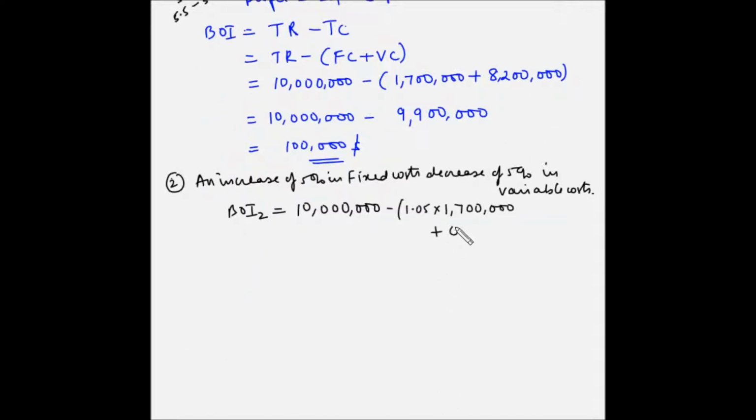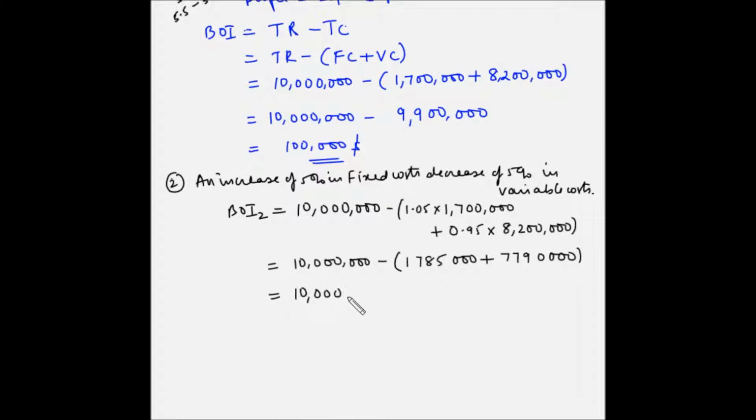So 0.95 multiplied by 8.2 million. So this is equal to 10 million minus 1,785,000 plus 779,000. So this is equal to 10 million minus 9,575,000.